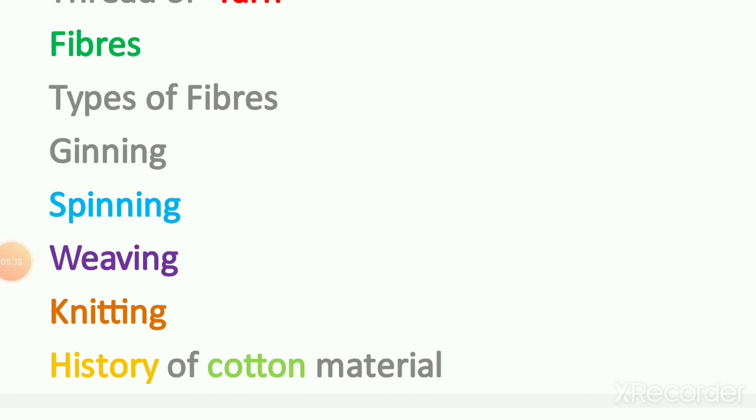So what we learned in this chapter, just a recap: we learned about the fiber, then the different types of fibers, then the ginning process, spinning process, weaving process, knitting process, and finally we talked about the history of cotton material. So now we have to do the exercise questions only.